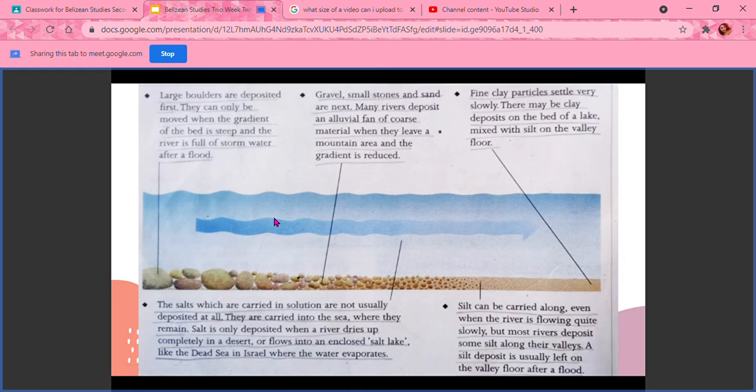There is no more current. So as the energy of the river and the currents of a river are decreasing, then that is how they begin deposition. Large rocks and large boulders are deposited first. You have gravel and smaller stones being deposited, and then that decreases into having clay, silt, and sand being deposited last.